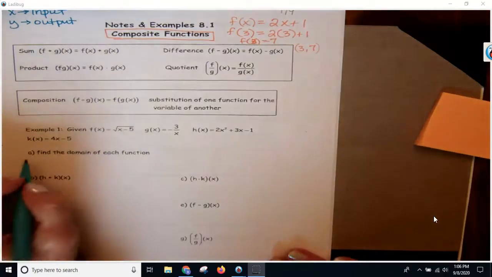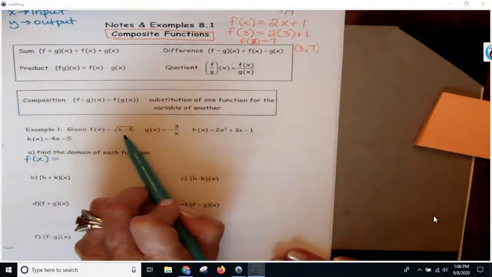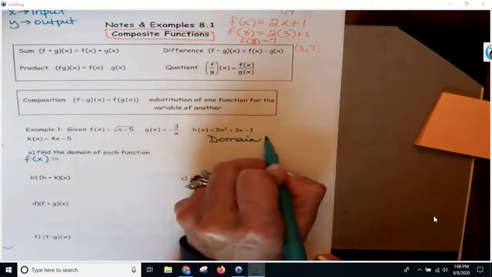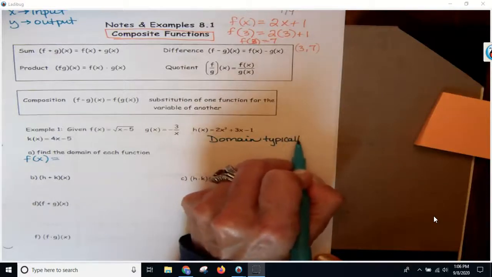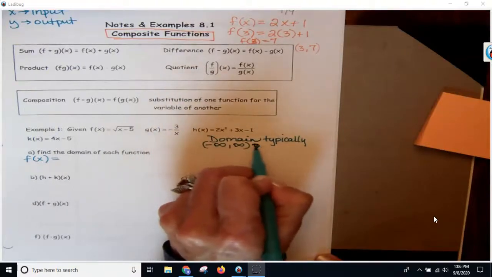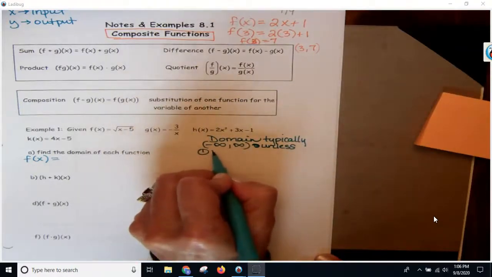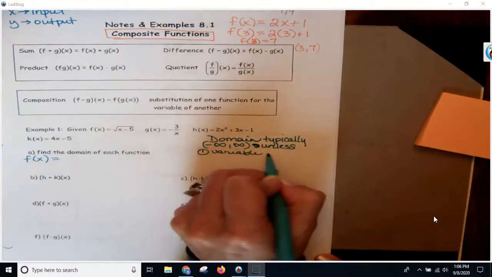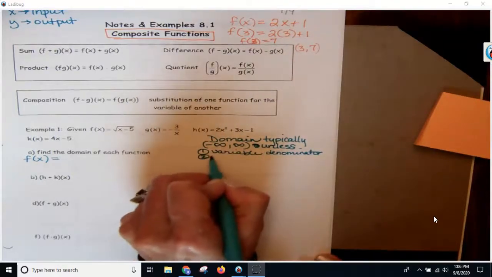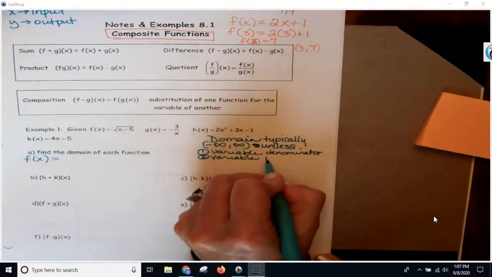To find the domain of each one, we know that the domain of f of x has a restriction, because we remember the domain is typically negative infinity to positive infinity unless you have a variable in the denominator or a variable as a radicand, in a square root.